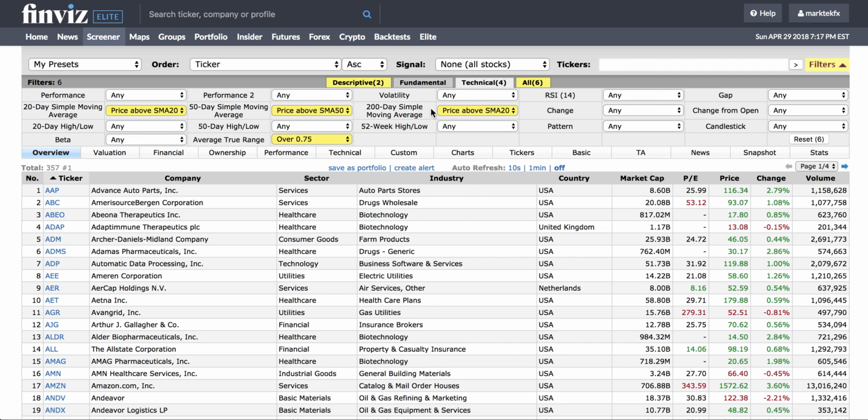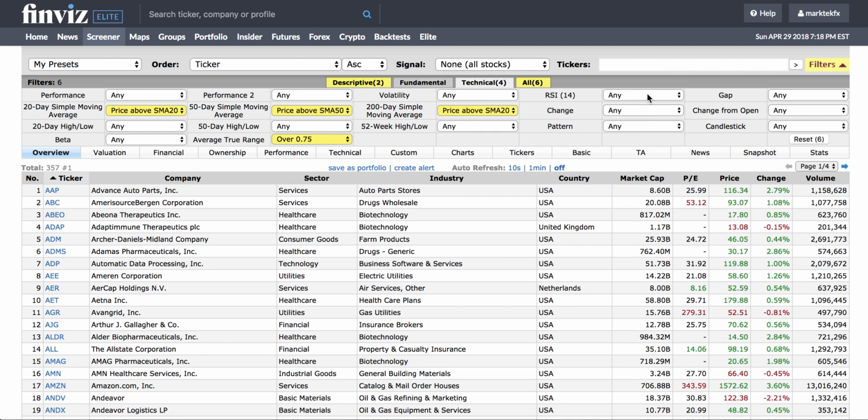So this is a really good scan to find strong stocks, priced over the 200-day, over the 50-day, and over the 20-day moving averages: the long time frame, the medium time frame, and the short time frame. So on all three time frames, now we have understood this. These are the stocks. 357 stocks are really on the bullish side.